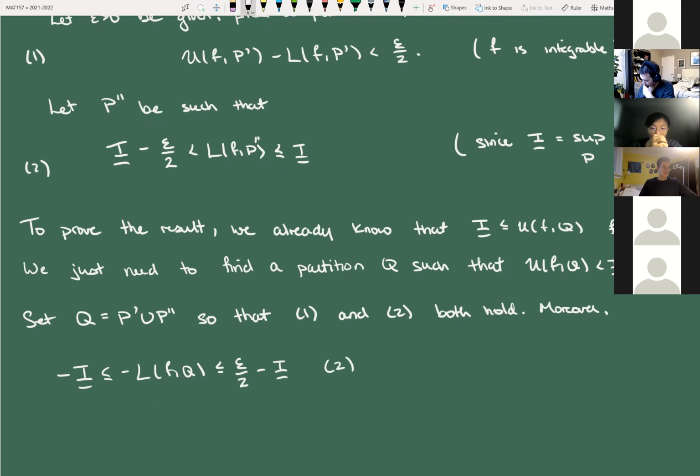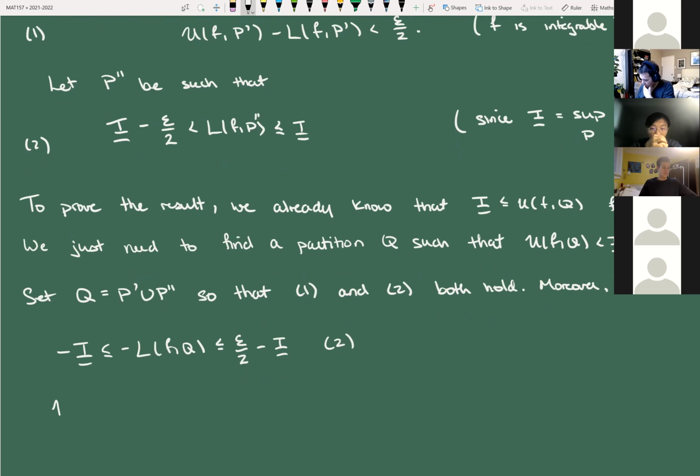So into equation 1, we're going to get UFQ minus LFQ. So this is already less than epsilon over 2. We know that.